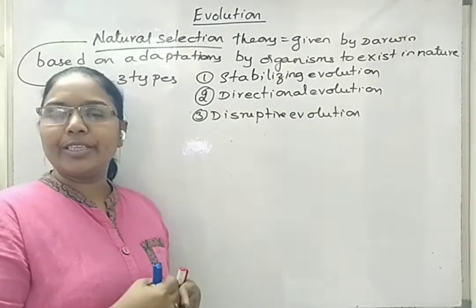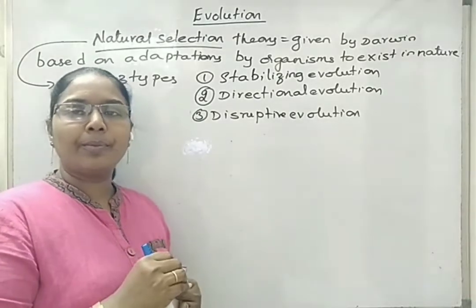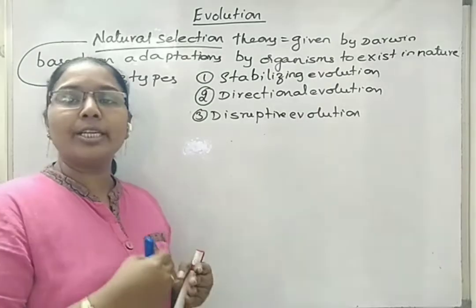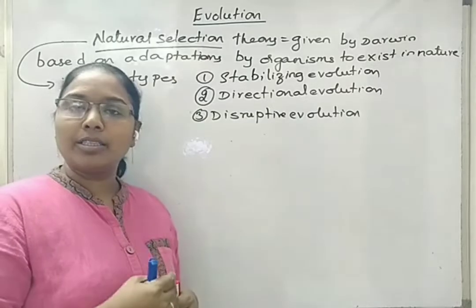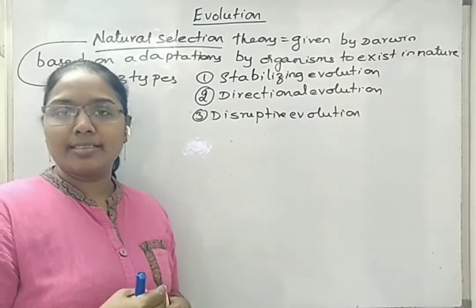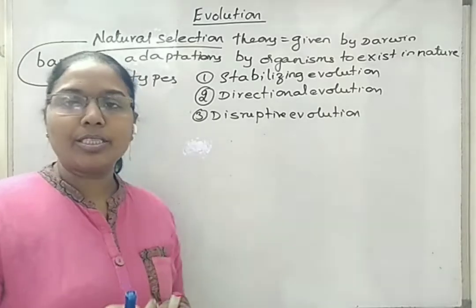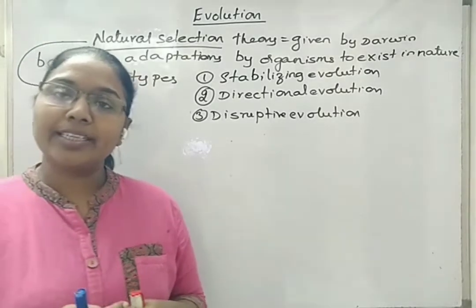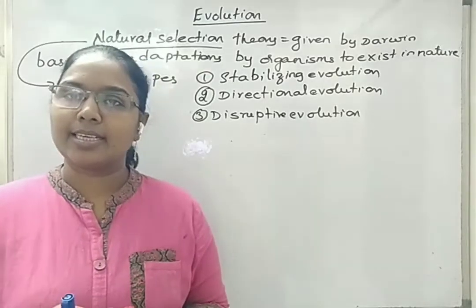Suppose you take plant height. The short or dwarf plants cannot exist because they do not get proper sunlight. The long plants cannot survive either, because the pollinating agents may not reach the highest areas.